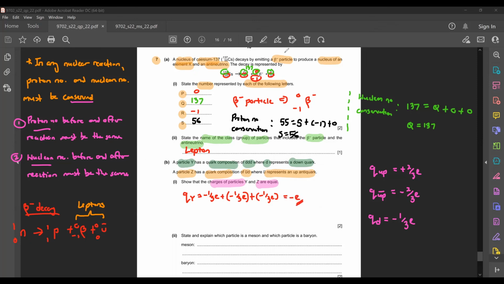Now, if you then move on to the charge of particle Z, which consists of an up antiquark and a down quark, an up antiquark would be -2/3e plus the charge of a down quark, -1/3e. You're going to get back the same answer, -e. All right. So looking at these two charges, therefore, Qy and Qz are equal.